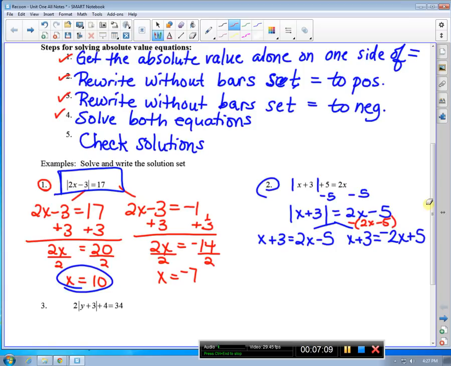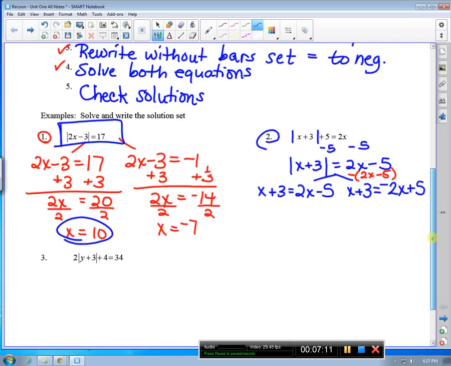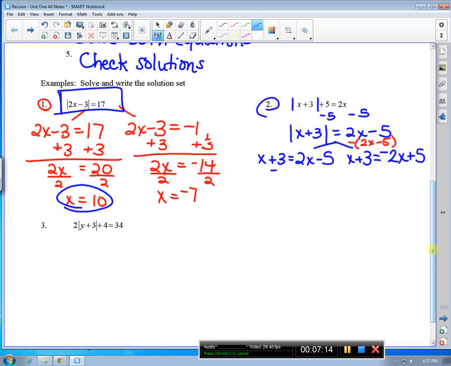All right, we're going to solve both of these. Let's see. I'm going to do this a different way. I'm going to bring the x over. So I have 3 equals x minus 5, and add the 5 over. So I have x equals 8. And same thing over here. Bring that x over.